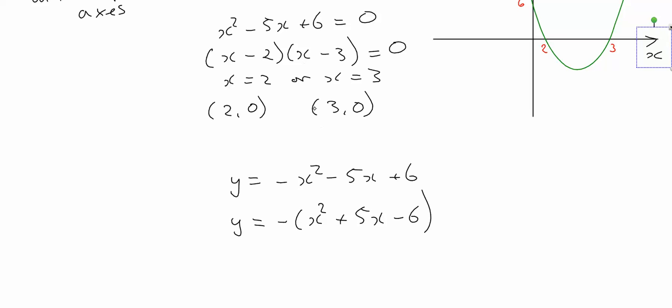We see we have plus 5x minus 6 instead of minus 5x plus 6. But the factors of this expression are x plus 6 and x minus 1. You see we'll have x squared minus x plus 6x to give the plus 5x, and then minus 6 from 6 times minus 1.